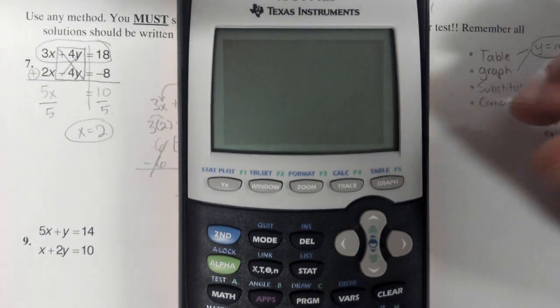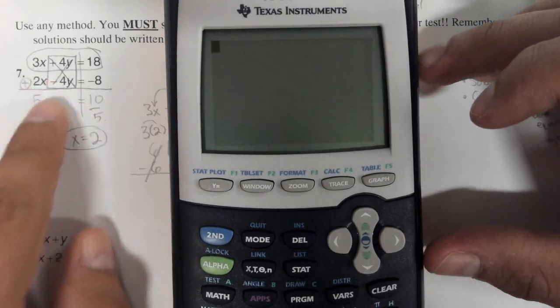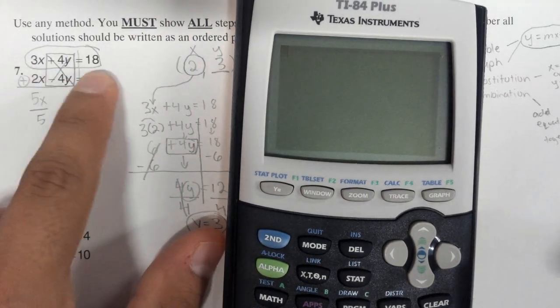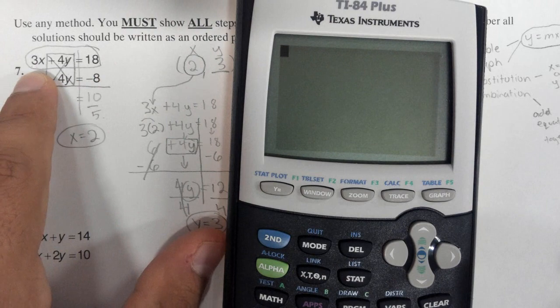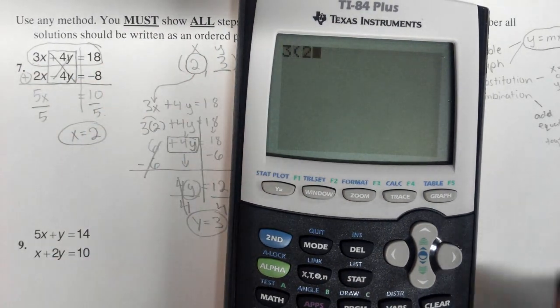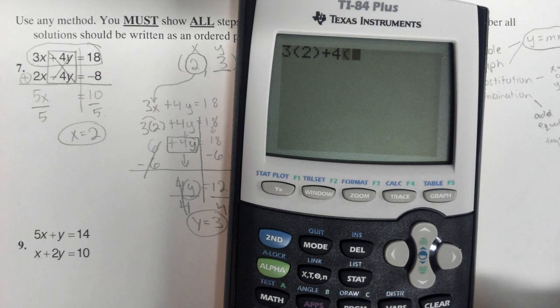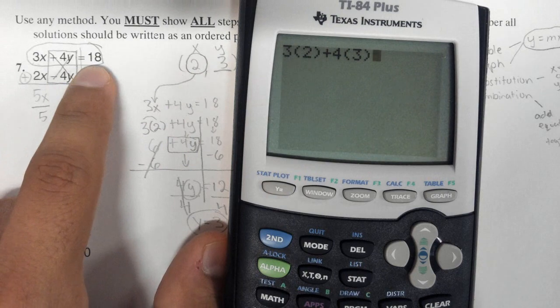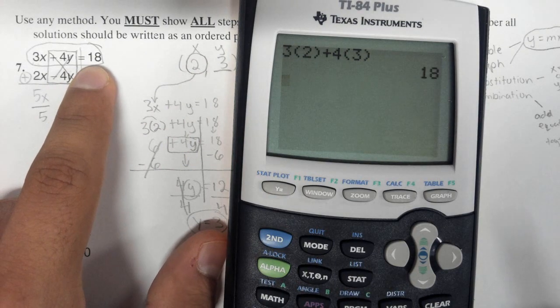All right, so let's show how to check our work. So I'm going to go ahead and type in the equation 3x plus 4y, but instead of x, I'm going to put in 2. Instead of y, I'm going to put in 3. So it's going to be 3 times 2 plus 4 times 3. And whenever I hit enter, I should get the other side of the equal sign, which in this case is 18. Okay, so that first one works out.